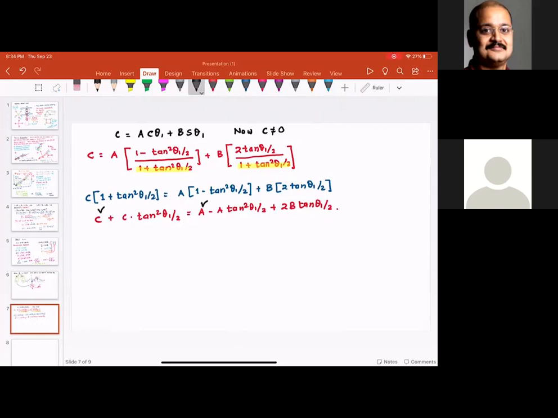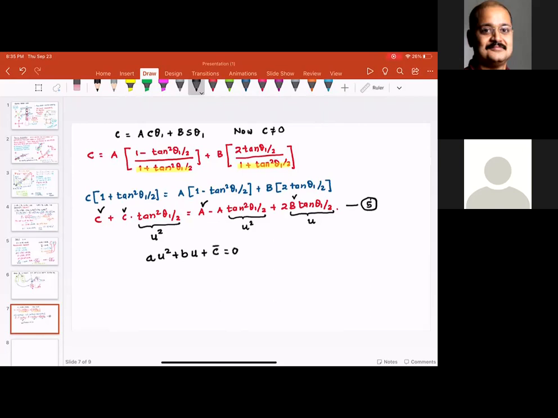C is known, B is known. So tan theta 1 by 2 is represented as U. So tan square theta 1 by 2 is represented as U square, and this term is represented as U. So please note, this is an equation of the form, equation 5: A bar U square plus B bar U plus C bar is equal to 0.